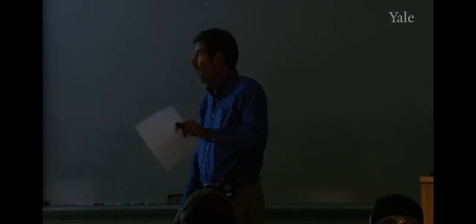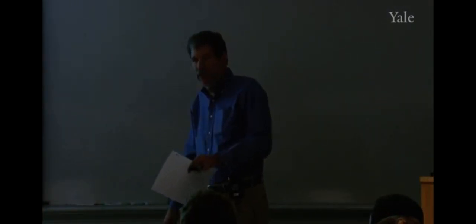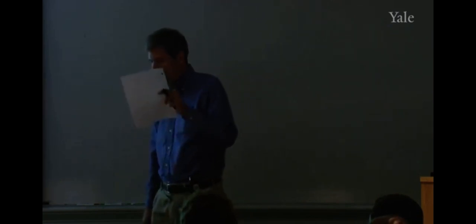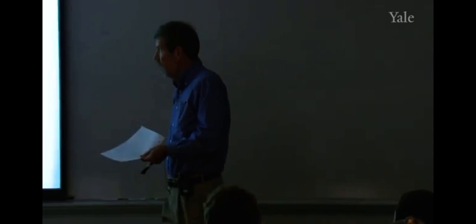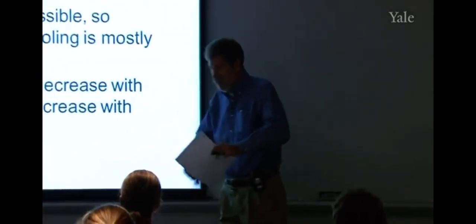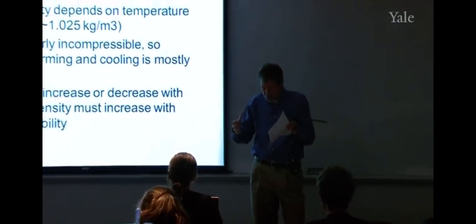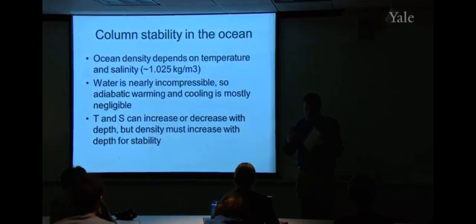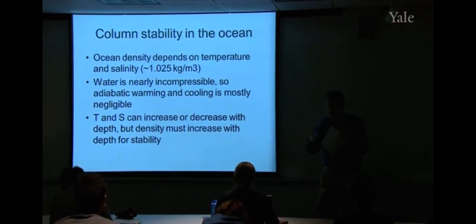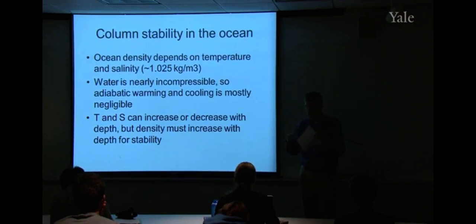We'll do that simply by computing the density. We'll base our stability analysis on water density rather than on temperature or salinity alone. And the other big difference is that while air is compressible, so as a parcel lifts in the atmosphere and moves to lower pressure, it expands, does work on its environment, and its temperature changes. That effect is very, very small in the oceans.